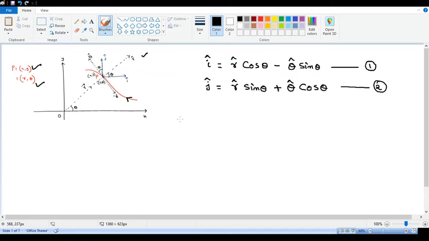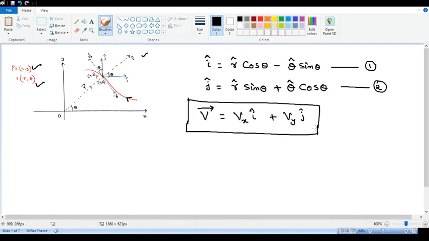Now if we replace this i cap and j cap, as obtained from these equations, in the Cartesian form of the velocity vx i hat plus vy j hat, then finally we will obtain the result. Again we have x equal to r cos theta and y equal to r sin theta.